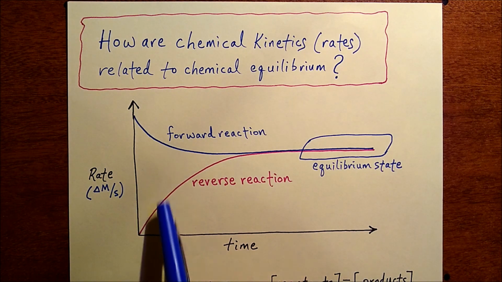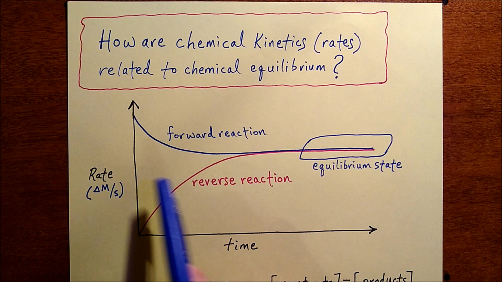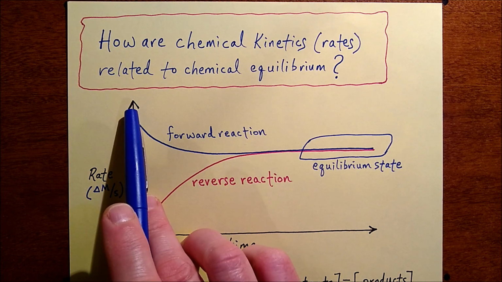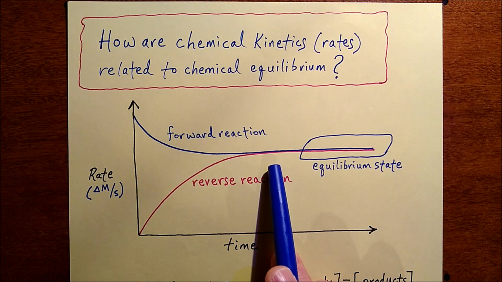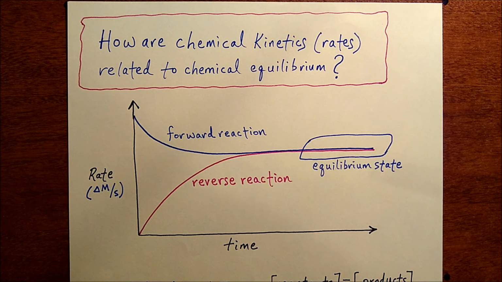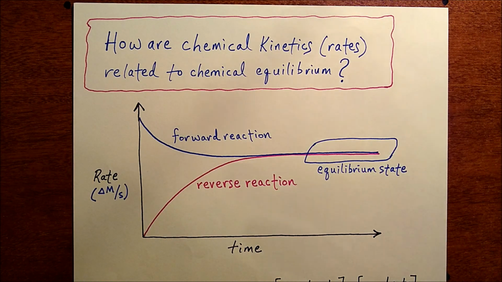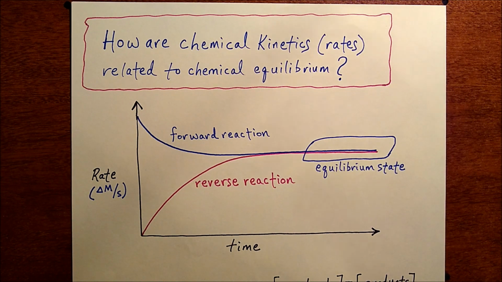So what's going on in an equilibrium is as a reaction starts, the forward reaction will eventually slow down because reactants are consumed. As the reactants are consumed, the numbers of reactant molecules is decreasing, so they're going to run into each other with less frequency, so the rate at which they form products is going to eventually slow down.